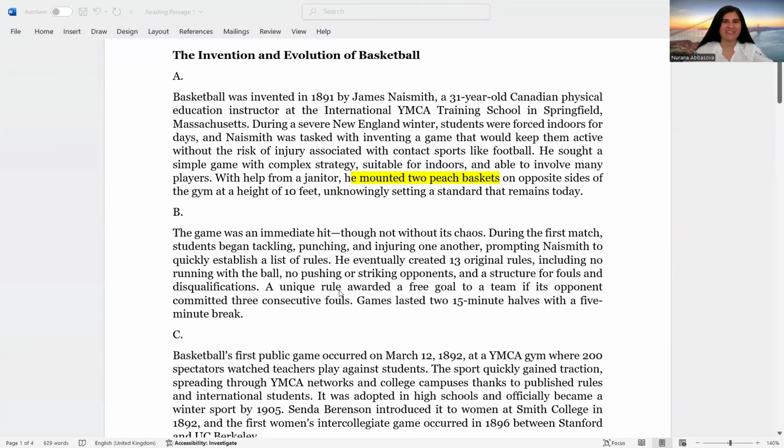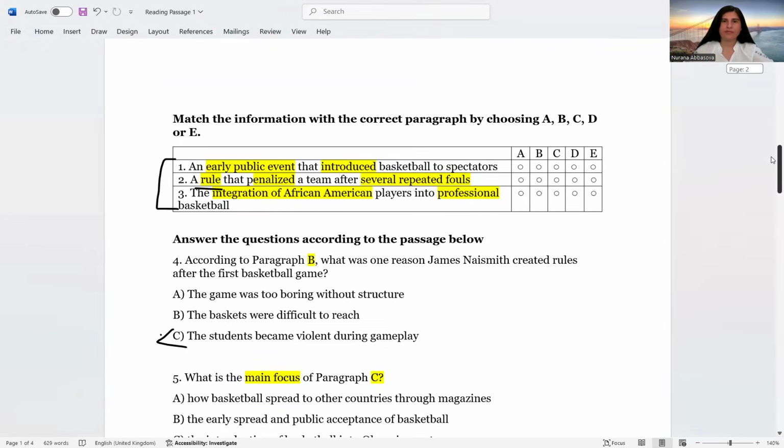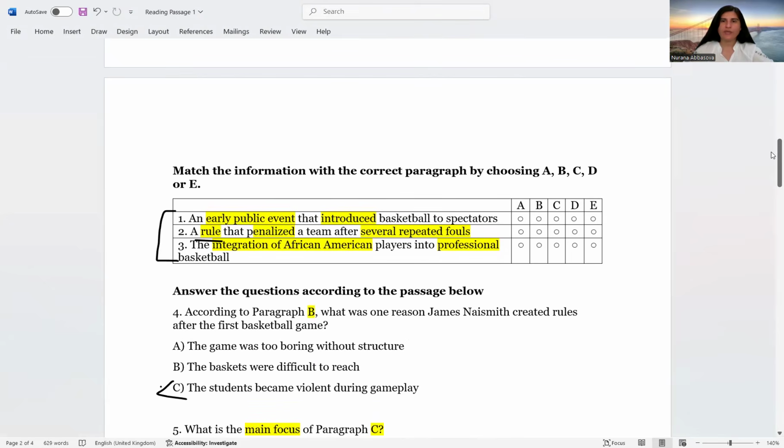Very good, because it says that students began becoming violent, and he eventually created rules. Yes, after they created this violence, he created rules. Exactly. So 2 is B as well. We answer 2 questions at the same time in order to economize our time, to save our time.